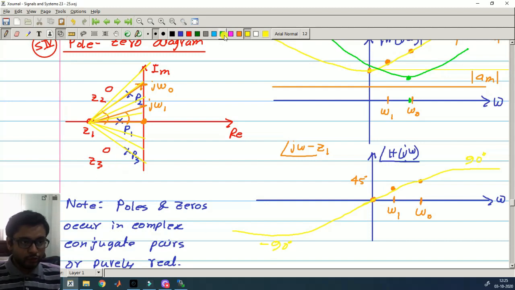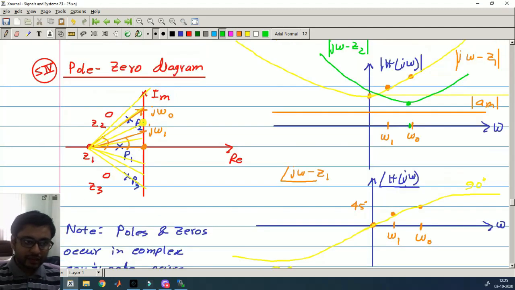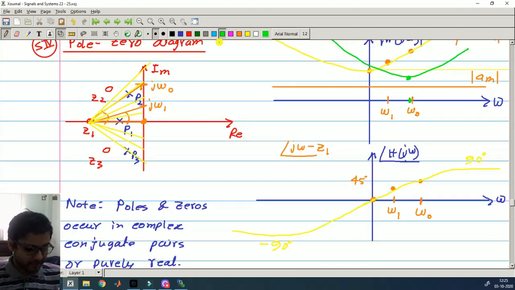Okay, now a very important fact, as you all know, this phase response curve should be antisymmetric, it should be an odd function, and that is what we are also getting from this process. In the same way, magnitude response should always be symmetric. Okay. So this is for j omega.